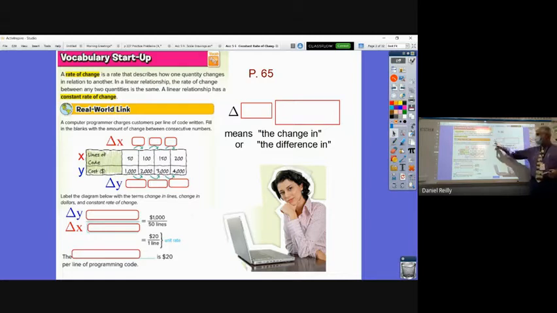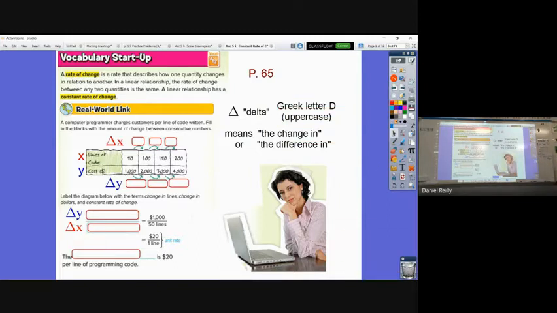Does anyone know what this is? Who said that? Stephanie? What'd you say? It's a delta. Oh, yeah. This is a delta. It's a Greek letter D. I've seen it before. Okay. So it's an uppercase Greek letter D. A lowercase Greek letter D looks like this. It's kind of a weird squiggly. It's a music note. Yes, kind of.